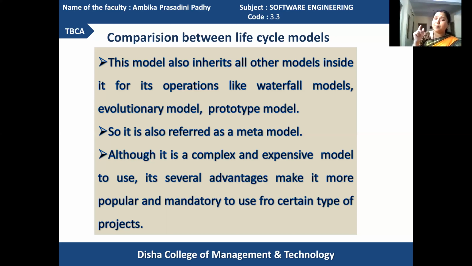Although it is a complex and expensive model, as we have discussed already at the time of discussing the spiral model, it has many advantages. If there are many advantages, then we can also bear the cost for our purposes.